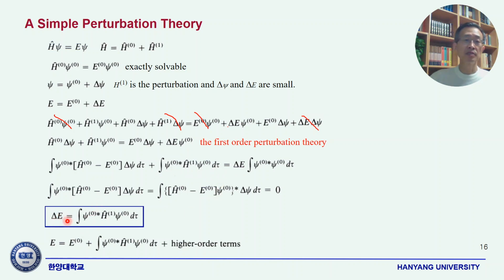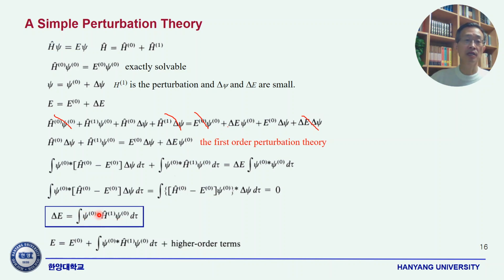And the meaning of this equation is that delta E, the energy correction, according to the first order perturbation theory, is the expectation value of the perturbation in the exactly solved wave function, here psi naught.